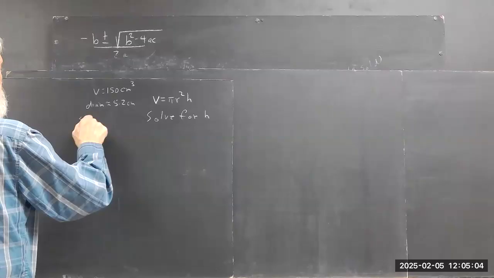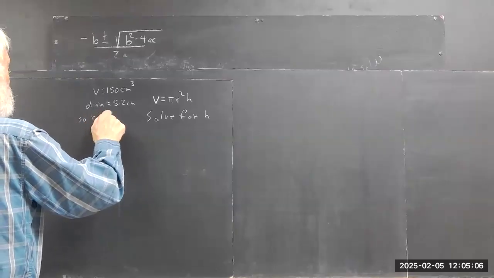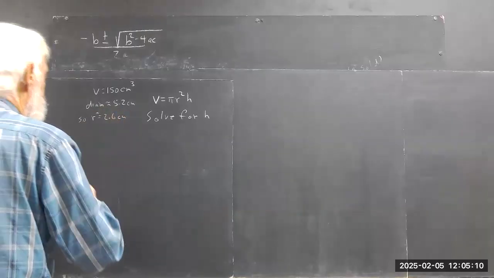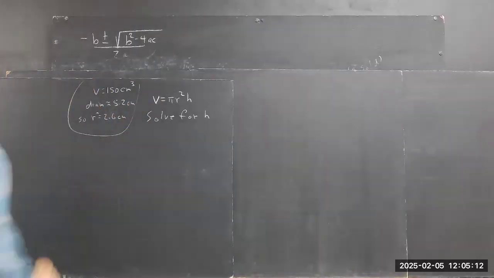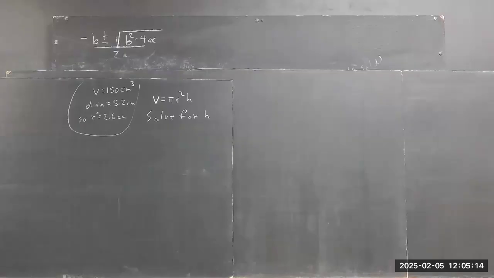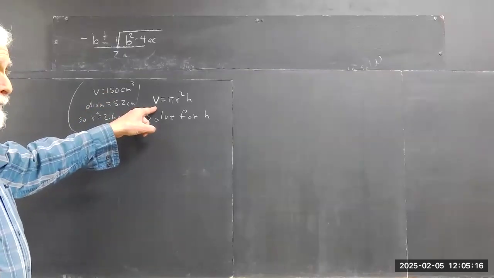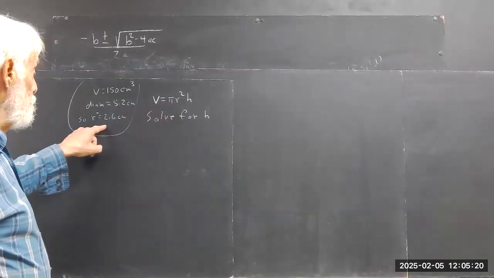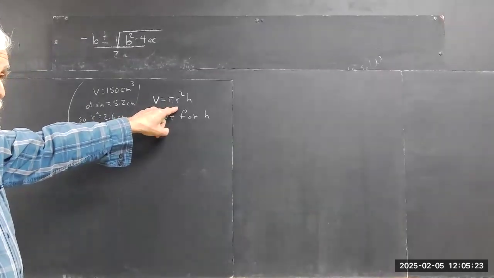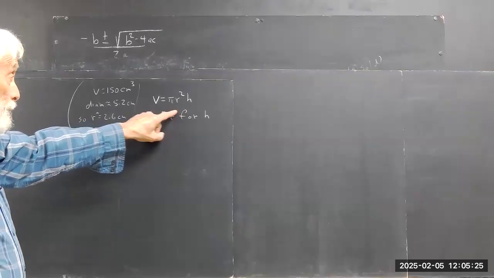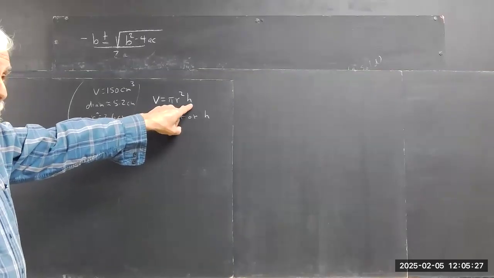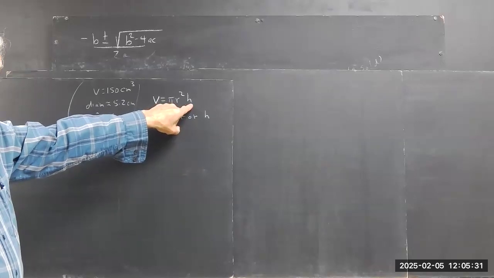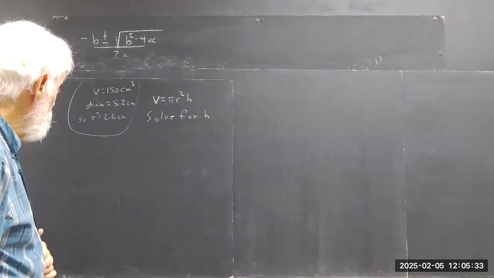So radius would be 2.6 centimeters. Now, if we then put 150 cubic centimeters in for the volume and 2.6 centimeters for the radius, we just have a bunch of numbers with an h, and we can solve for h, right? I mean, what would we get?